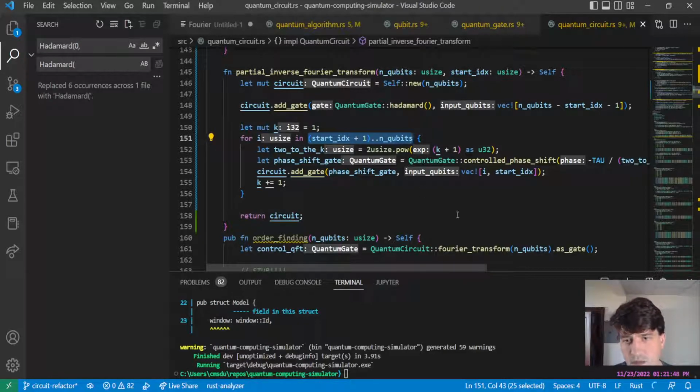Instead of going from start IDX, which is going to go 0, 1, 2, we need to go from, let's see here, 1, 2 in this case, and then trivially exit. So we instead need to trivially exit the first time.